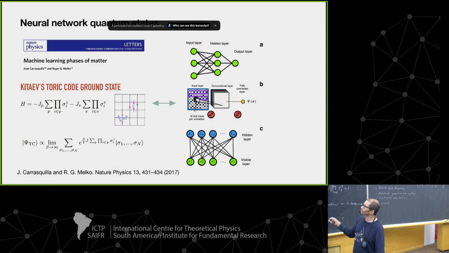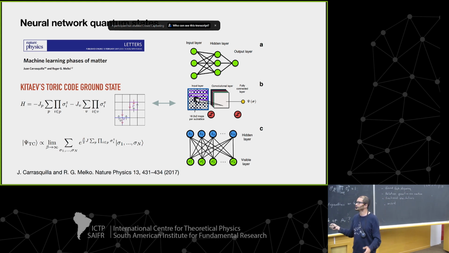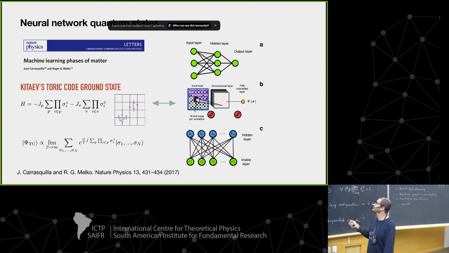Then there was this paper we published in 2017 or 2016, where we showed that the ground state of a very simple Hamiltonian can be written down in terms of neural nets.